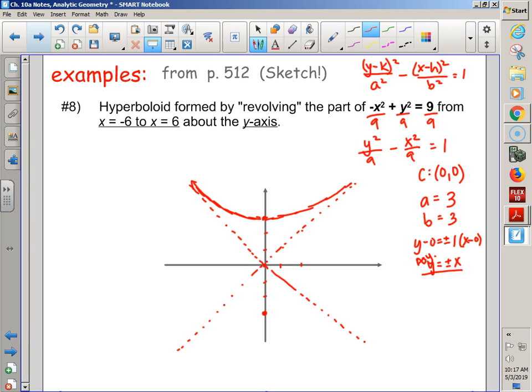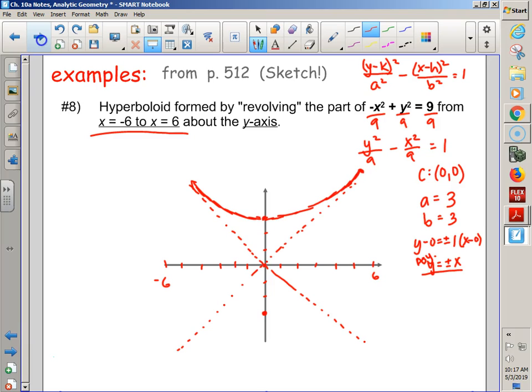Wait a minute, hold on. How big am I supposed to go? I'm supposed to go between -6 and 6. So 1, 2, 3, 4, 5, 6, and then 1. I'm going to put these a little closer together. 2, 3, 4, 5, 6. So I'm going to totally cheat just a little bit, and I'm going to say, hey, only go till it hits 6, which will be right about there-ish, right guys?